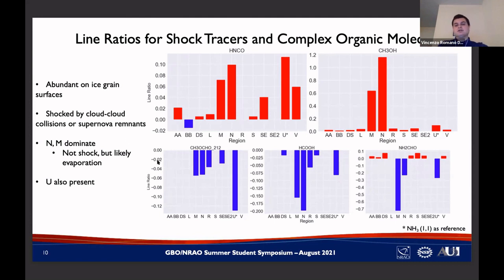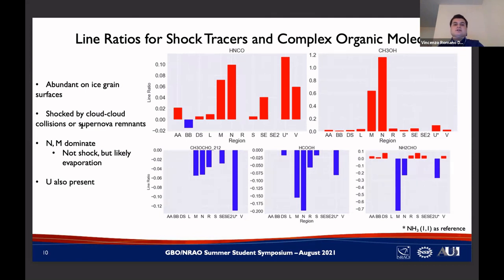Again, we see here that North and Main are pretty dominant, but U is also a consistently high region, and so we can note that again.